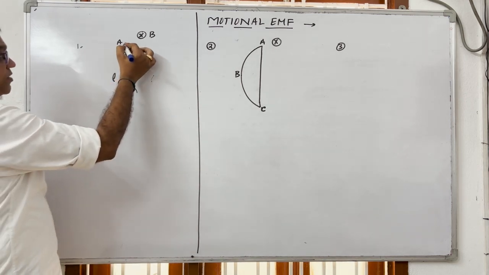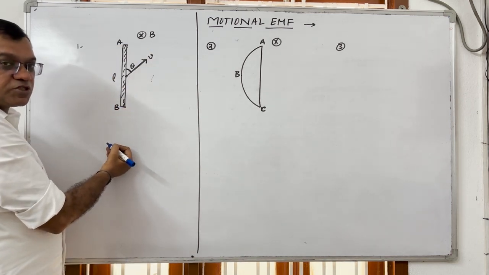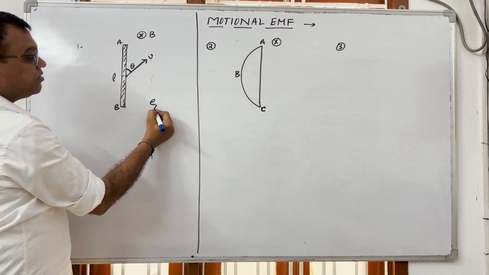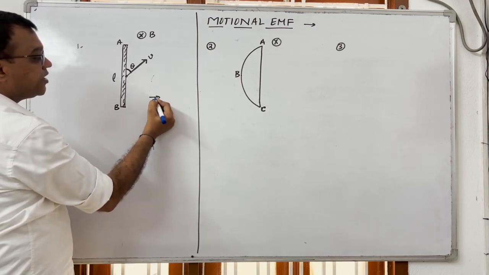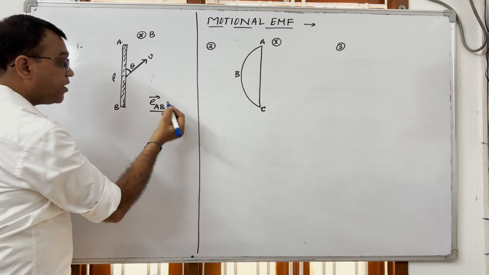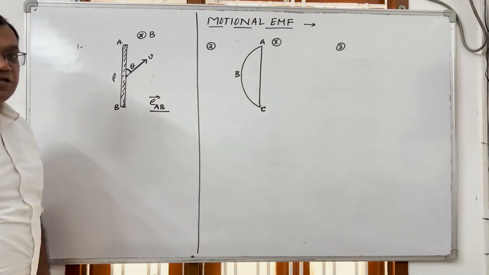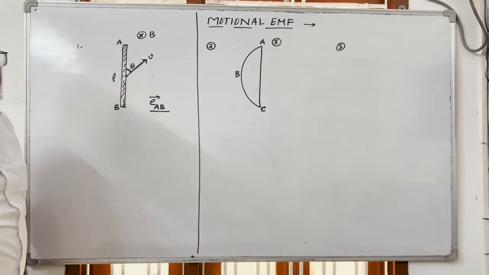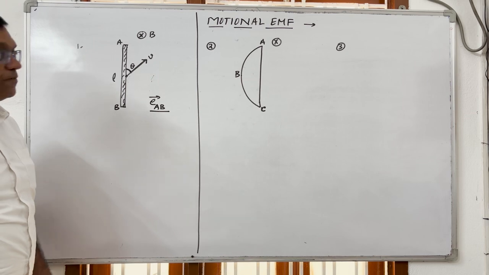We have to find the EMF induced across AB, and we also have to find the polarity, that is, which end is at higher potential, A or B.